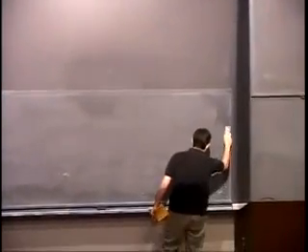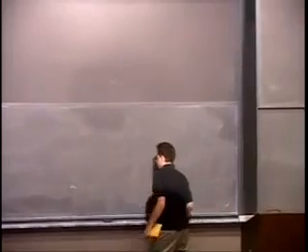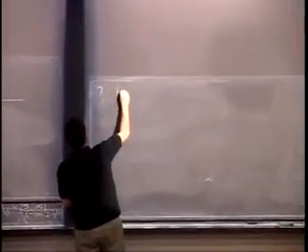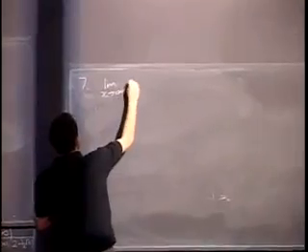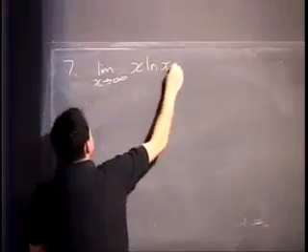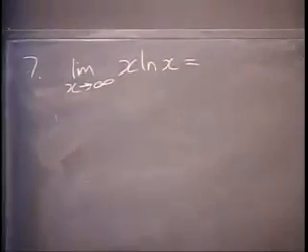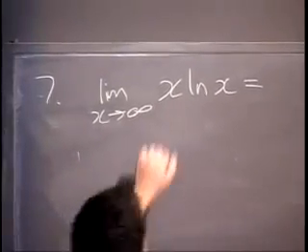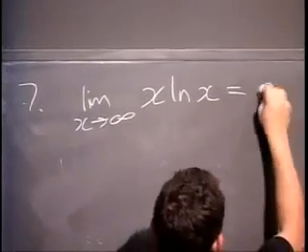All right, step 7 is to check the horizontal asymptotes. So step 7, let's take the limit as x goes to infinity of x log x. Well, this is not so hard. As x goes to infinity, x becomes huge. Log x also goes to infinity. So this is a product of large things.